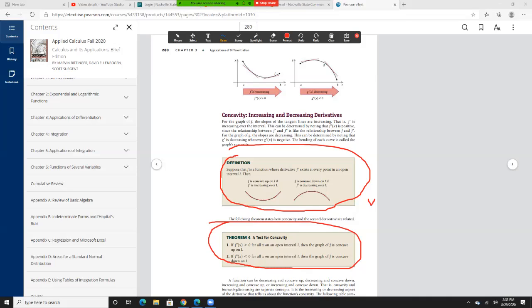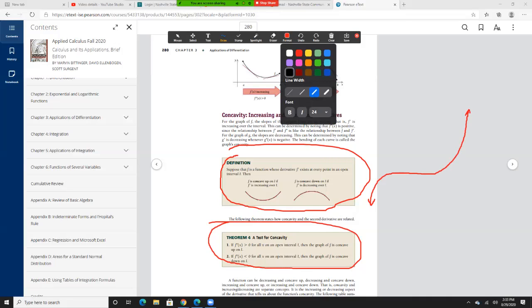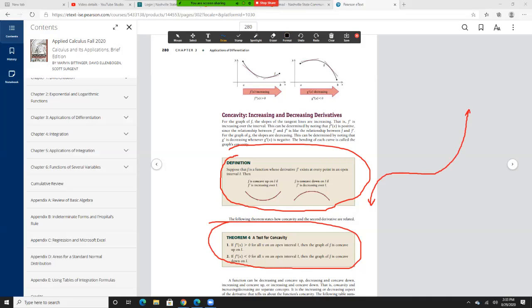Let me give you a sketch here to the right that sort of explains what's going on. If I look at this point here on the graph, I'll mark it in black. This point here would have a positive first derivative, and it would have a negative second derivative. It would have a positive first derivative because if you look at the slope of the tangent line, it would be positive.